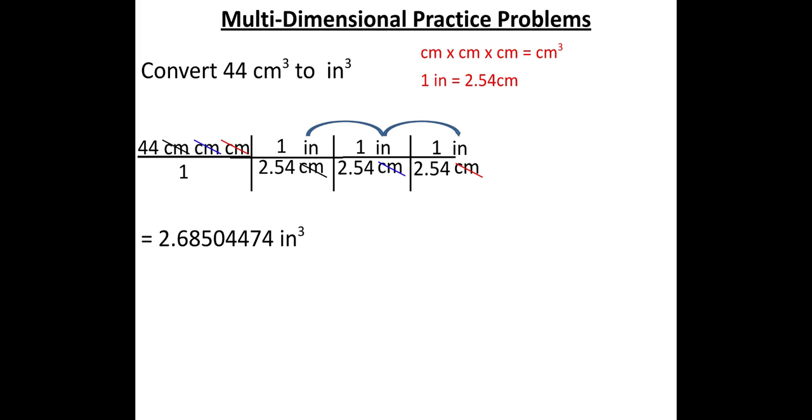Take note, if you don't bring it the number of times of the exponent of this unit, then your units will not cancel out, right? Because it is cube, you have to bring your conversion factor 3 times to make sure you cancel all of that unit and convert it to the required number of units. Okay.